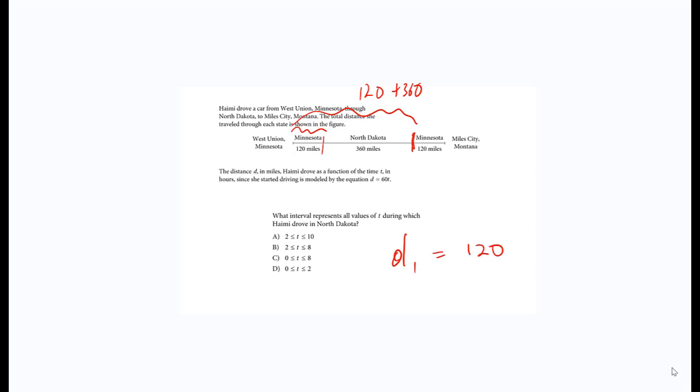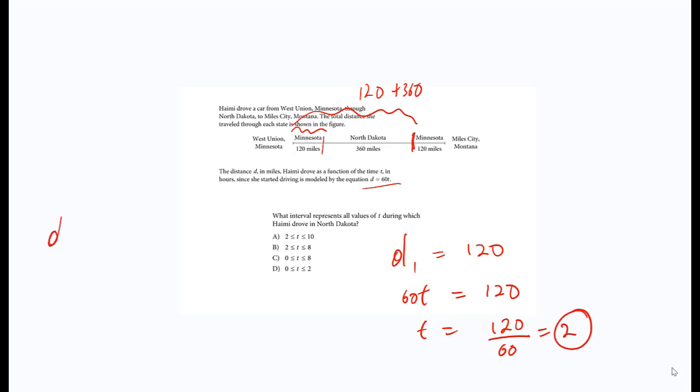From the formula given, 60t equals D, which is 120. So t is simply 120 divided by 60, which gives me 2 for my time.